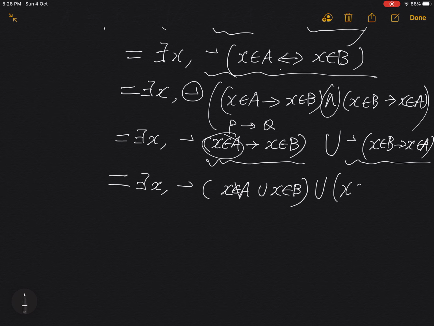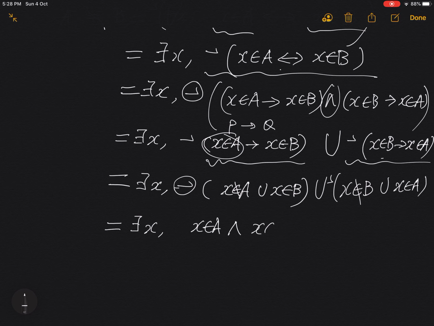We have not the first term or the second term. And again, we take the negation inside. So we will have x is in A, and then we change it all to and x is not in B.